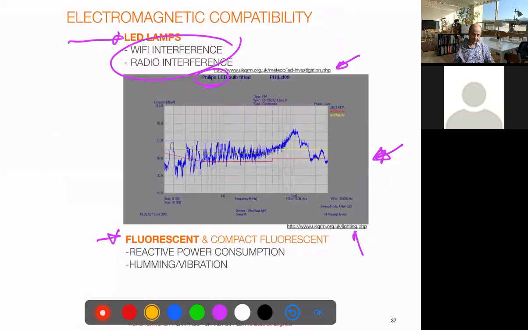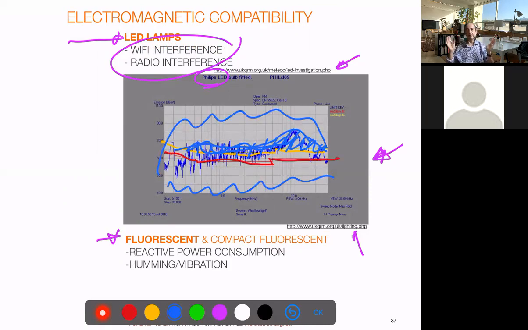And these yellow and red lines are the legal limitations of electromagnetic emission. And you see that even Philips lamps have surpassed that limit on almost all the spectrum, which is unacceptable. And this is very irregular. So the same brand may have very good and very bad lamps in this regard. Some of them are really, really under, and there's no problem at all, but many of them are over.